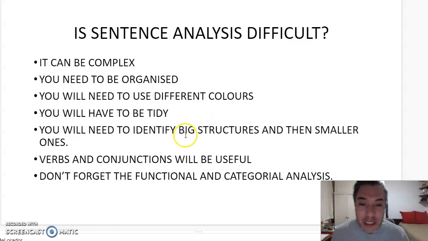And you will need to identify the big structure first and then go into smaller ones. Verbs and conjunctions will be useful because they will identify whether it is an independent or dependent clause, or both independent clauses. And don't forget the functional and category analysis.